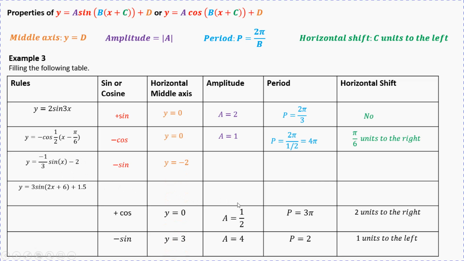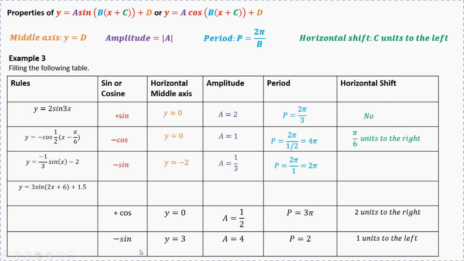All right, so y equals minus 2. Amplitude, okay, not minus 1/3, must be 1/3. Okay, period, no number in front of x, that means 1. So b is 1, 2π over 1 is 2π.